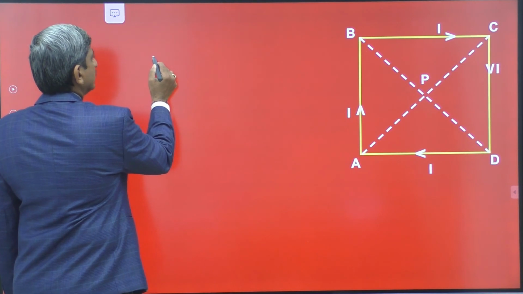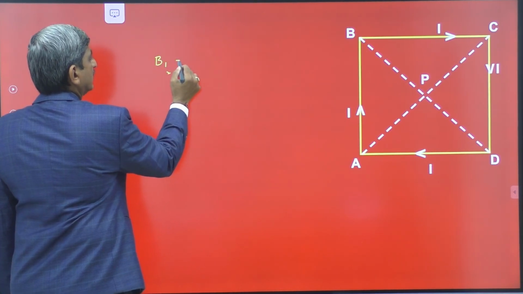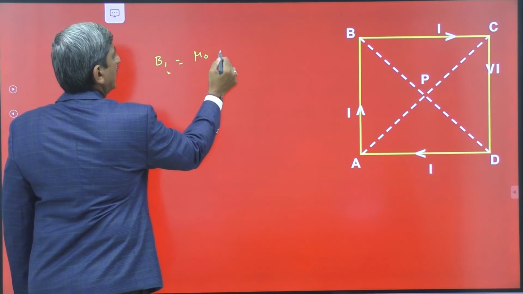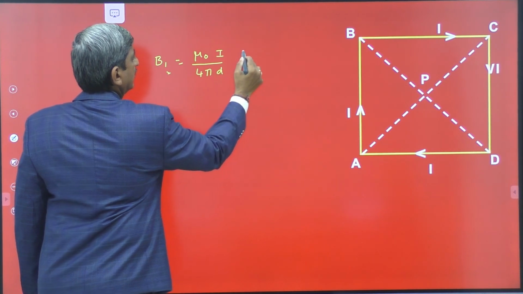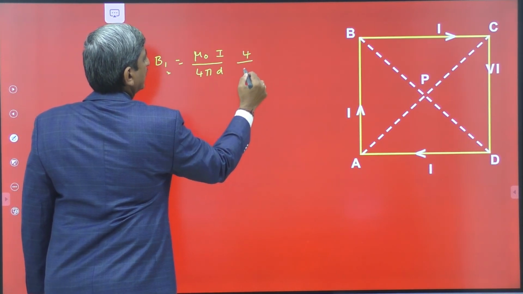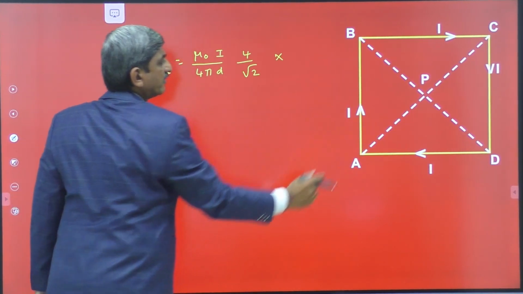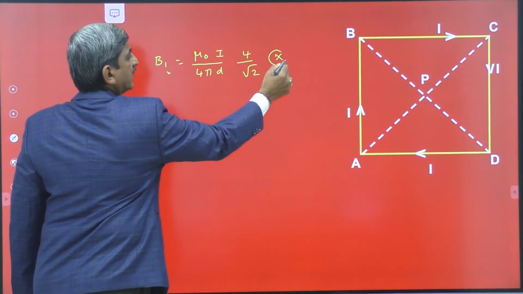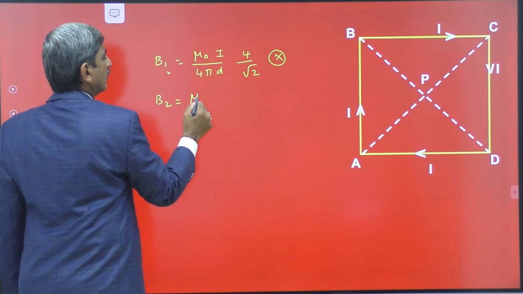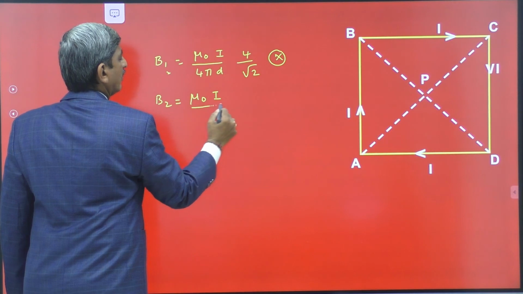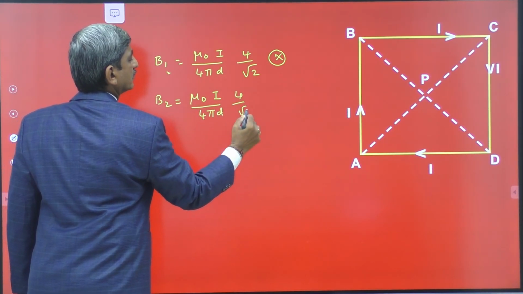That's why if we separately write down the relations, due to the AB wire, let it be B1, that is equal to mu naught I divided by 4 pi d into 4 by root 2, into the board. This is due to the AB wire. Similarly, due to the BC wire, B2 is equal to mu naught I divided by 4 pi d into 4 by root 2.